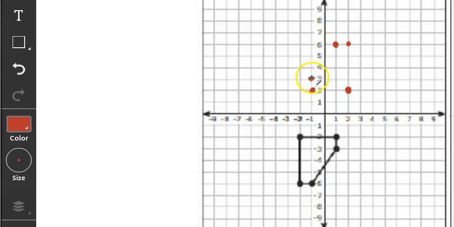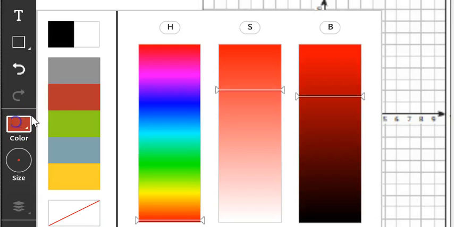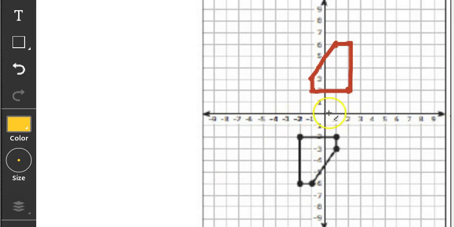So let's figure out what this is looking like, and then I want to show you something else. Okay, there's the rotation that's happened. What I want you to notice is if I connect the original point to its rotated one, that connection should be going through the origin, and it should look like 180 degrees, meaning like half a circle or a linear look to it.